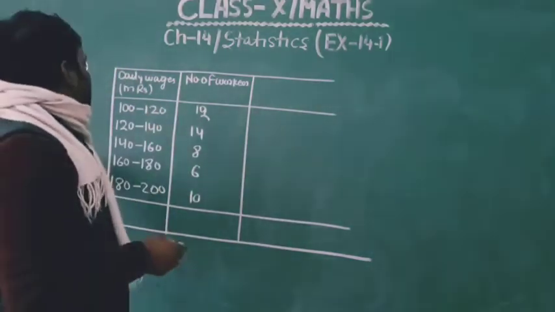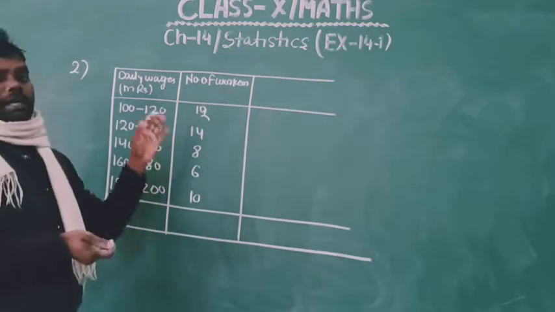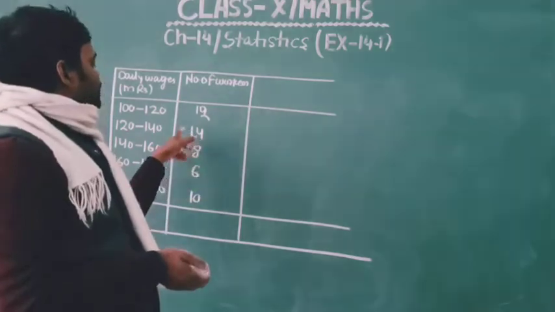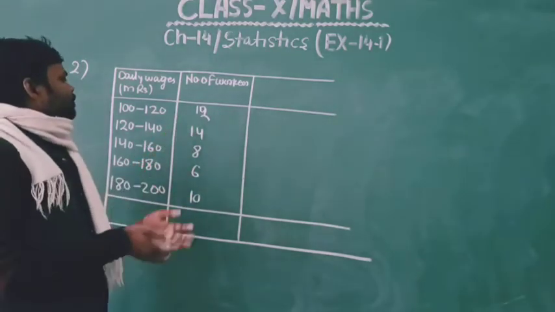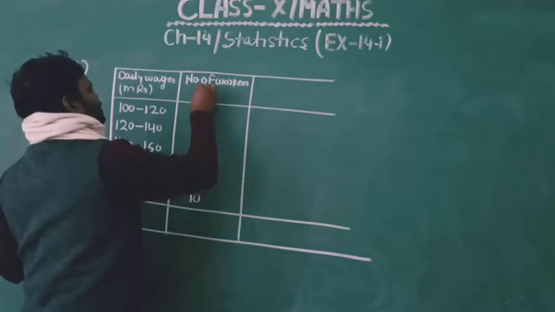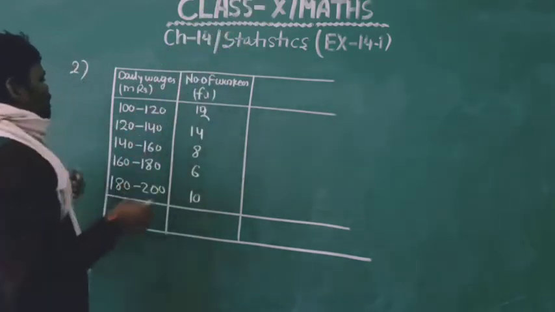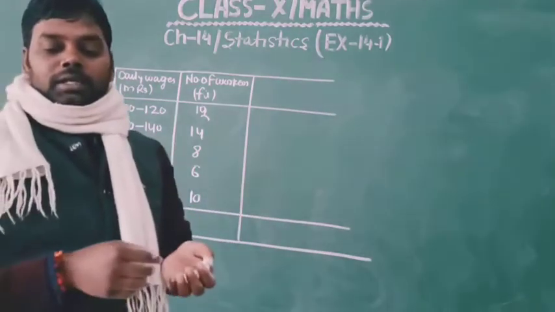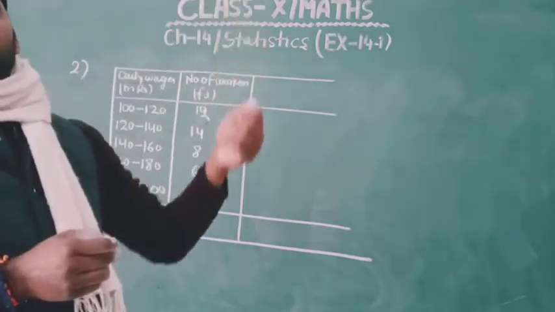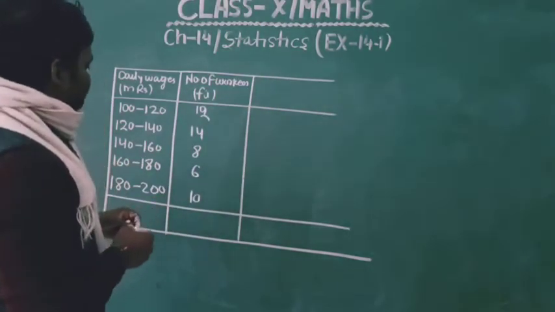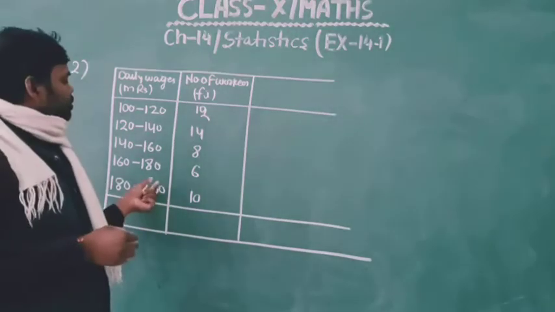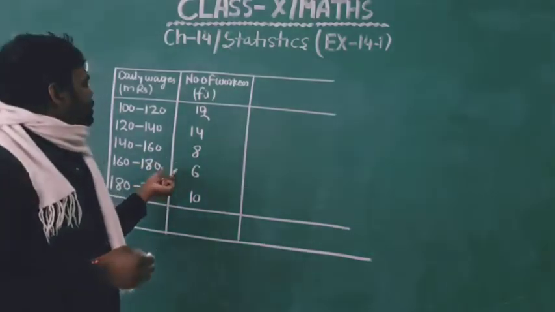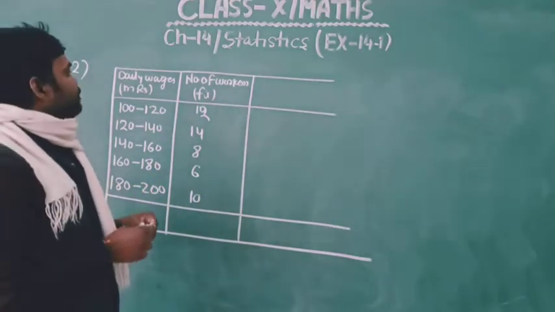In question number 2, to find the mean of the given data, we see that the values of each fi and xi are very large, so we will use the step deviation method.